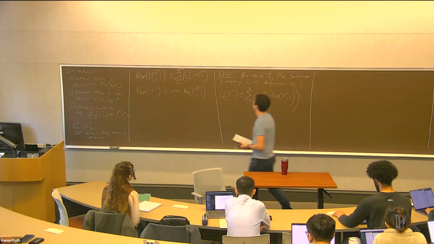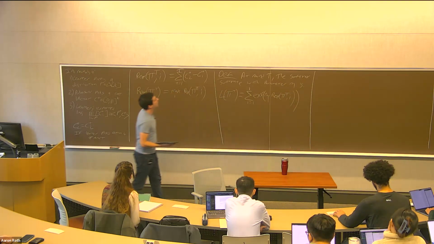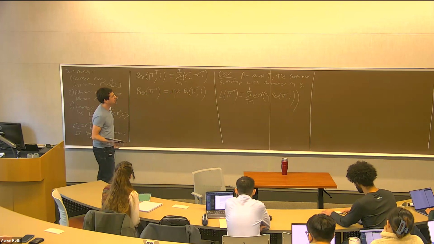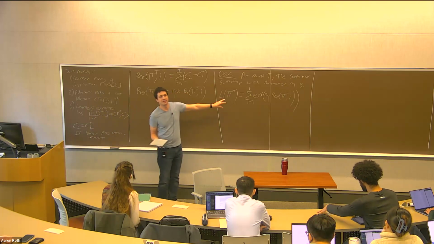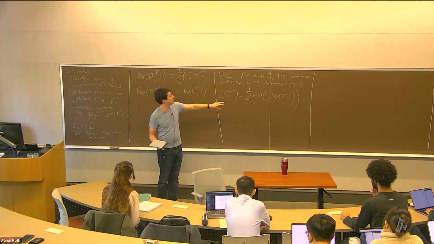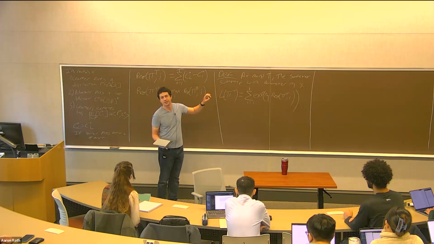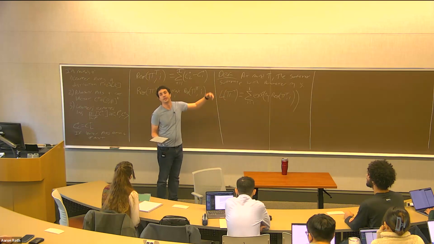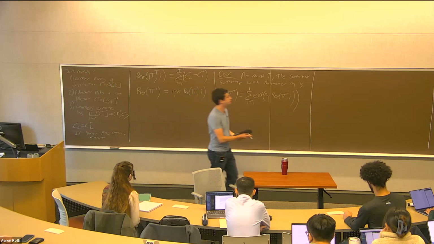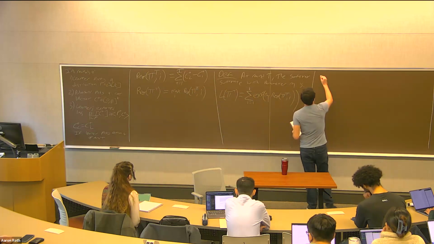So first of all, I claim that, at least if we take a log of this thing, it's going to be an upper bound on regret, but not a terribly loose upper bound. So what's the upper bound statement?